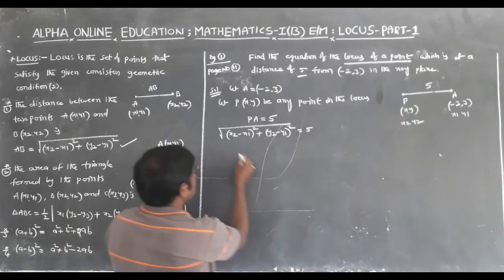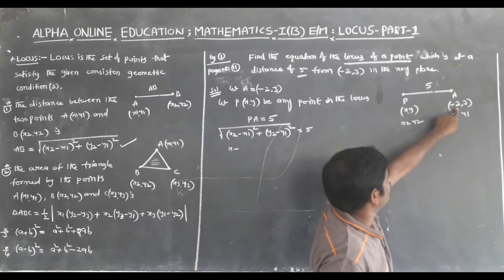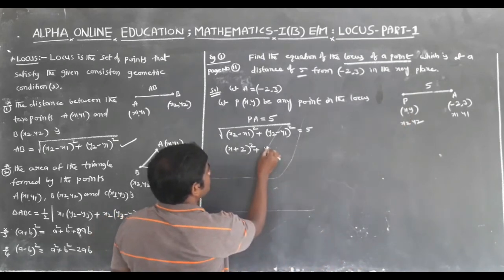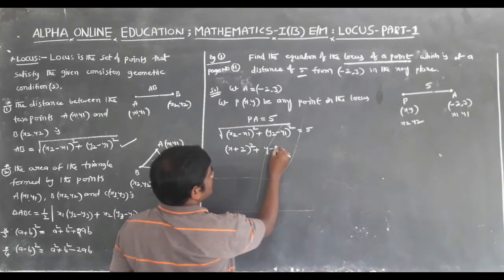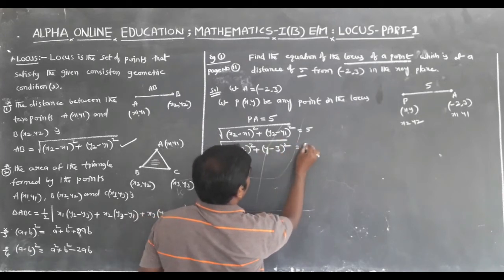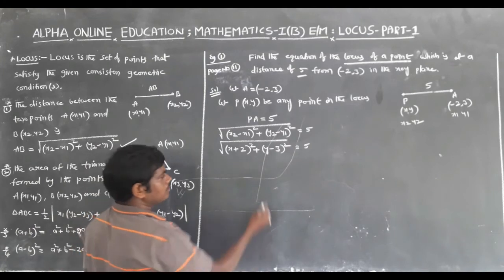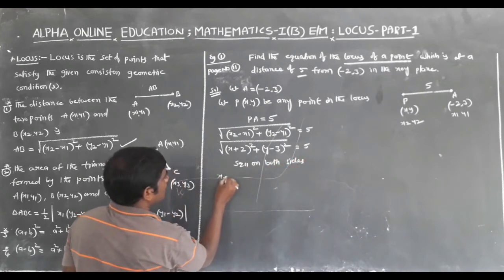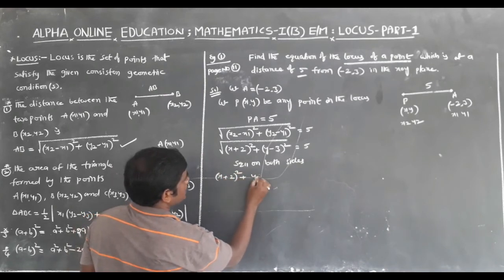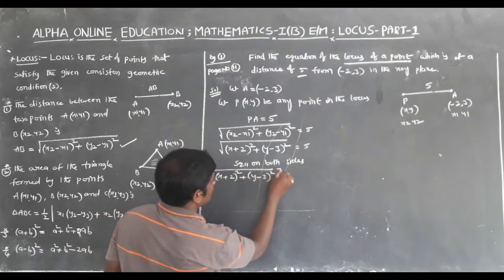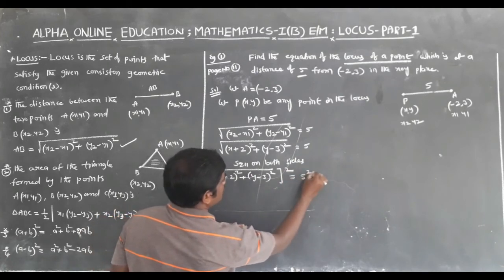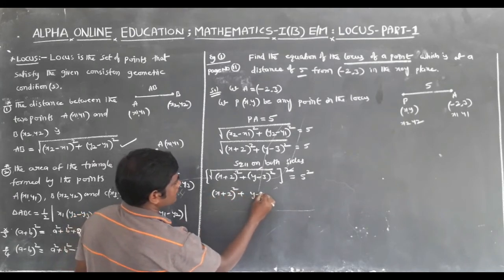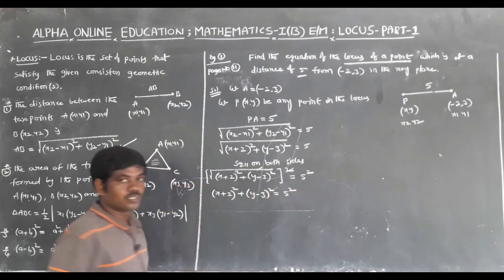Here x2 is x, x1 is minus 2, so x plus 2 whole square, plus y2 is y, y1 is 3, (y minus 3) whole square, under root equals 5. Squaring on both sides, the square root cancels: (x plus 2) whole square plus (y minus 3) whole square is equal to 5 square.